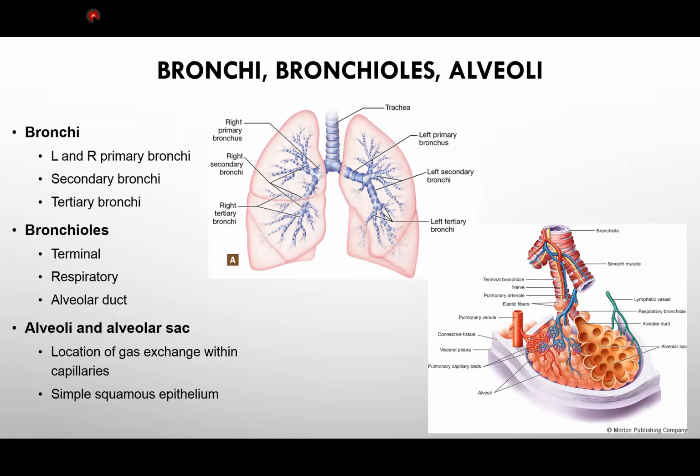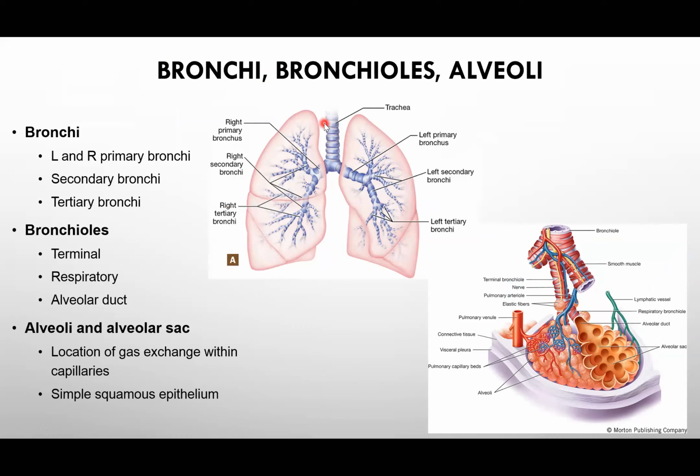Okay, so we started up at the top with the nasal cavity, and now we're working our way down through the respiratory tract. The next structures that we'll talk about are the bronchi, bronchioles, and alveoli.